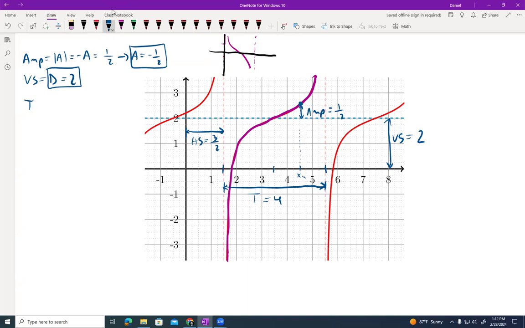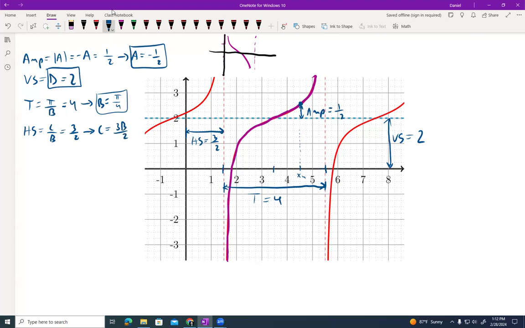Okay, so now we have that. Let's go on to period. Period is equal to pi over b still, right? Because it's a cotangent. So tangent and cotangent is just pi over b, right? So pi over b is equal to 4, right? We solve for b, and we still get that this is pi over 4. Okay. Now the horizontal shift is still equal to c over b, right? So c over b this time is equal to 3/2. So we solve for c. We get that c is equal to 3b divided by 2.